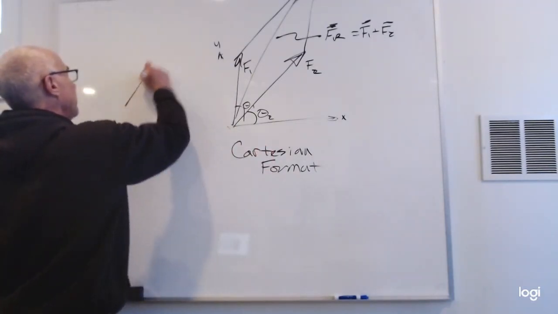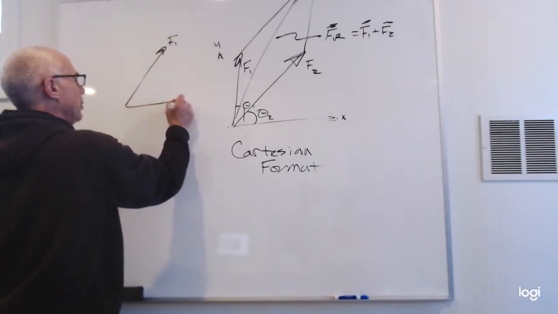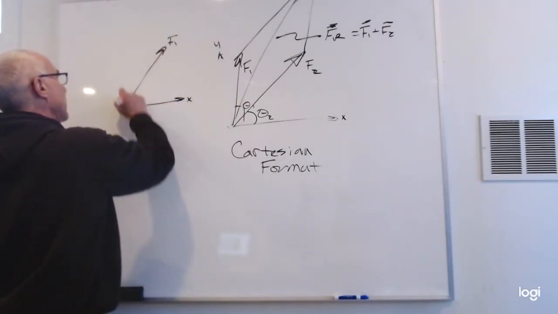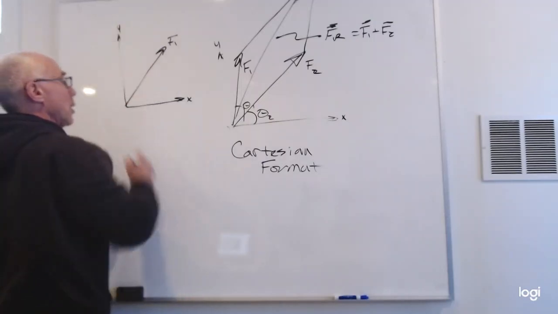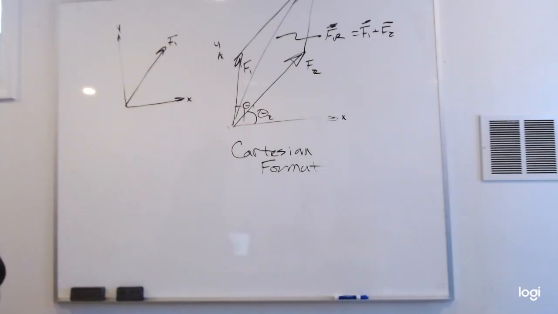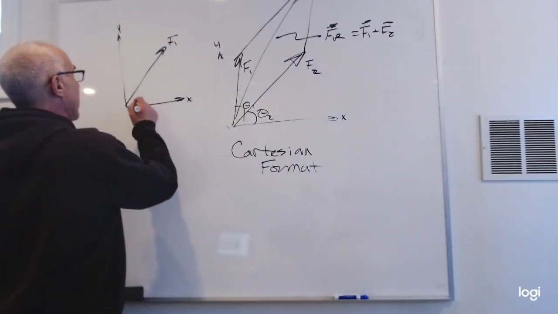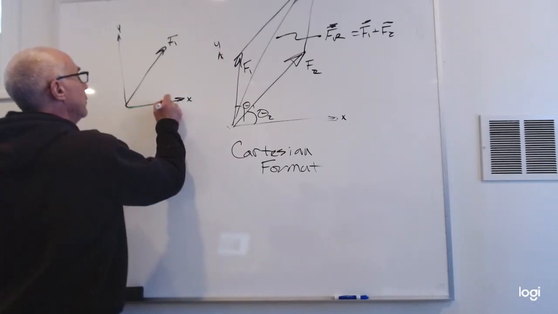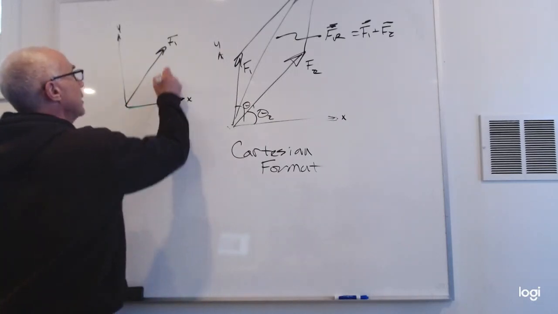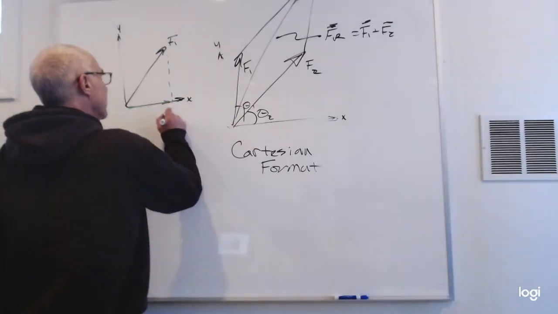So in this case, I'm going to put my F1 here, and I'm going to look at components that are aligned with the x and y axis. I'll do these in another color. Imagine that we have F1x, which is aligned along the x direction.